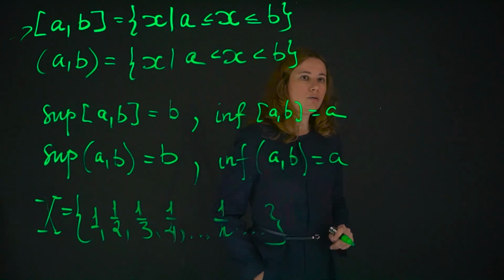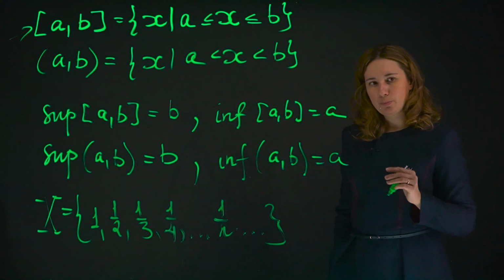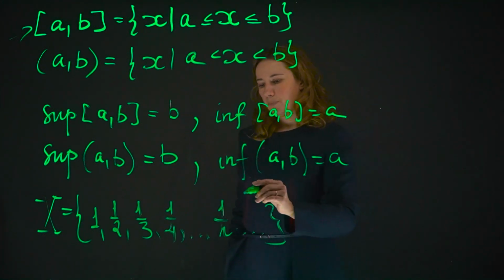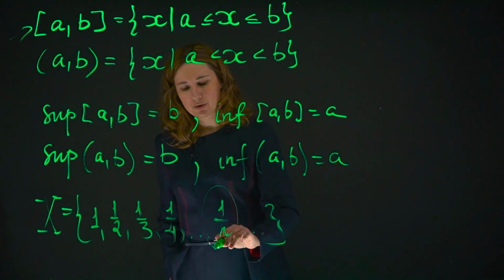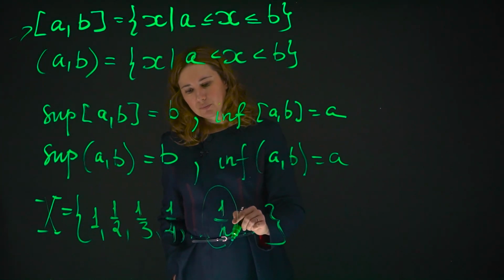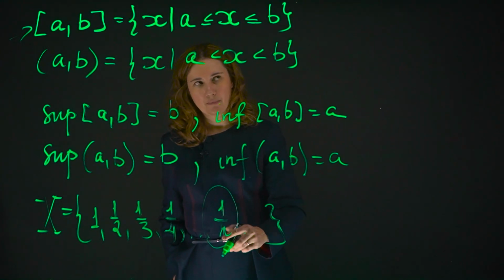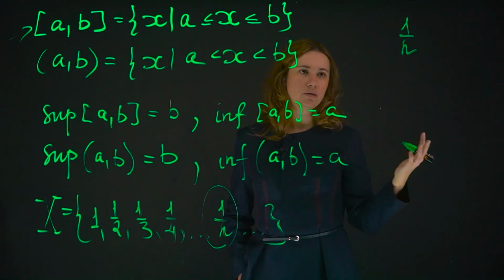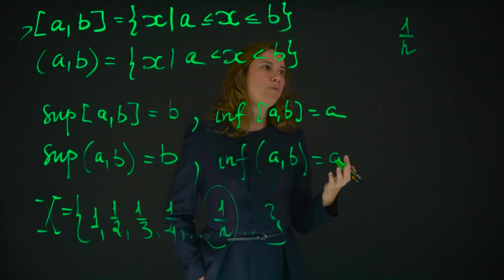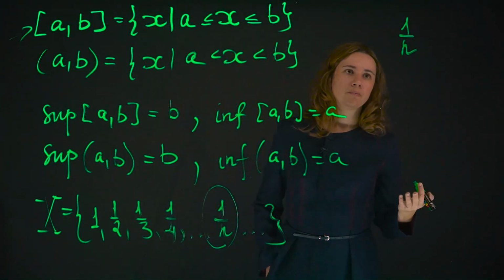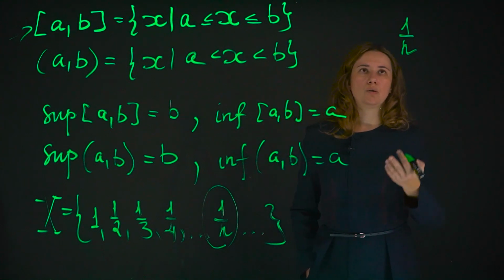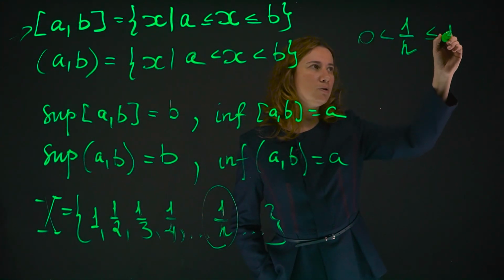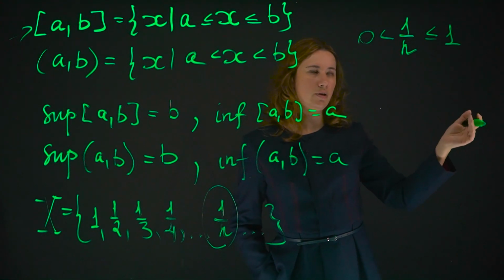Now, we need to prove that this set is bounded. The nth element of this set can be expressed as 1 over n. N is a natural number, so we can write that 1 over n is greater than 0 and less than or equal to 1 for all natural n.